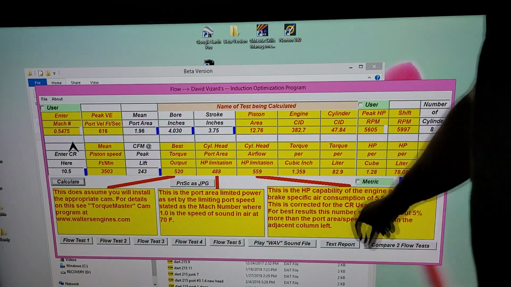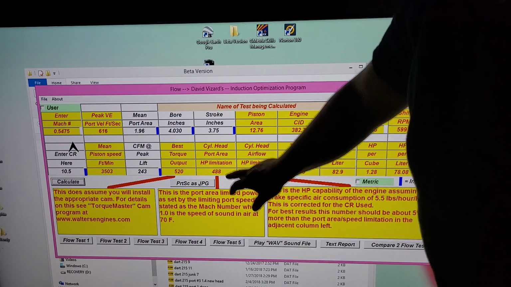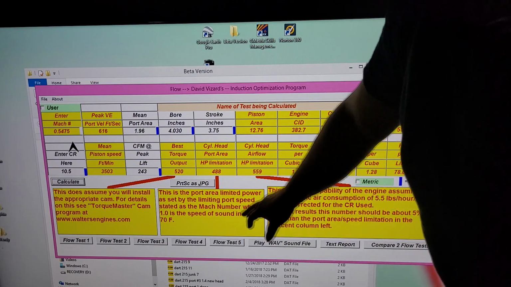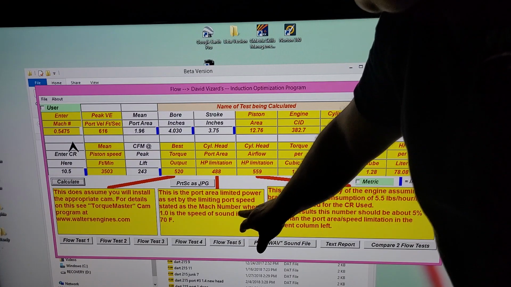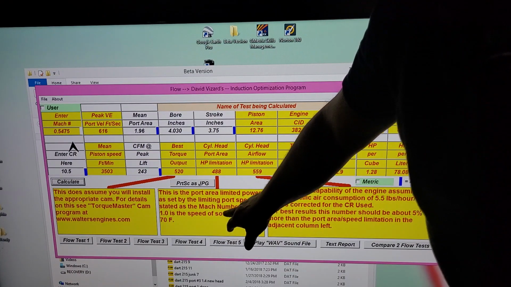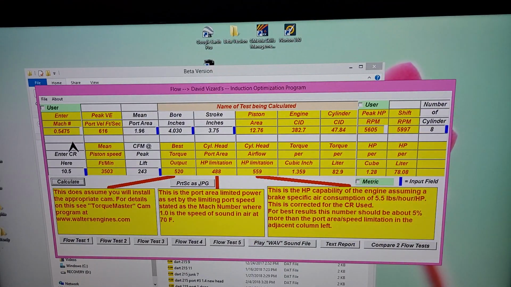Cylinder head port area horsepower limitation, 488. This is limited power set by limited port speed Mach number. The Mach number is already set at 0.547. That's 54% of the speed of sound.